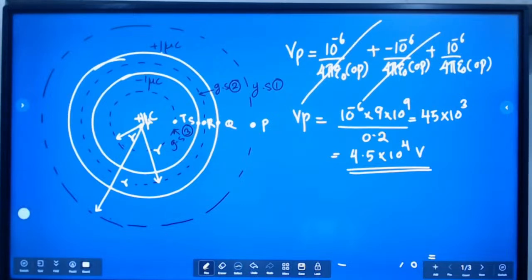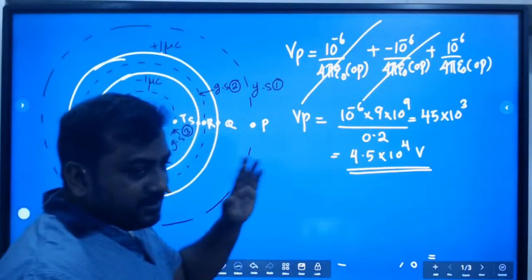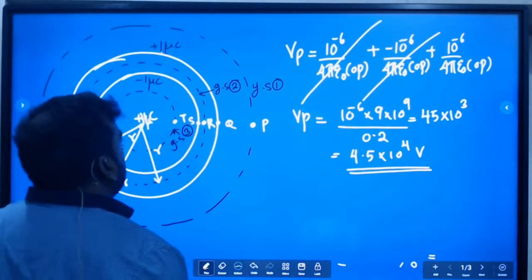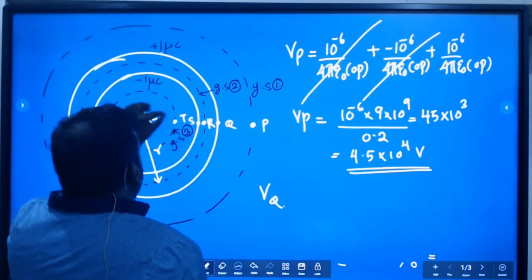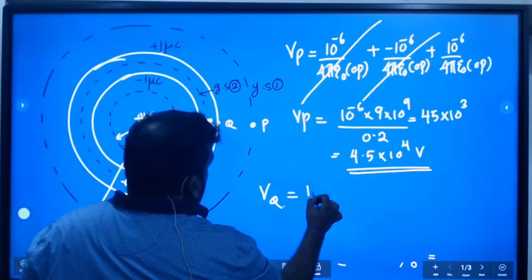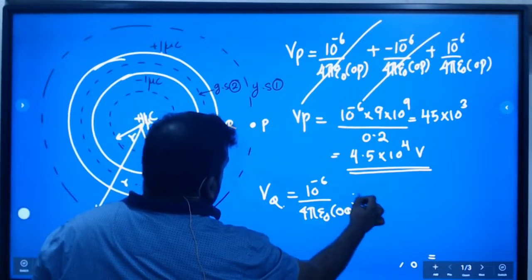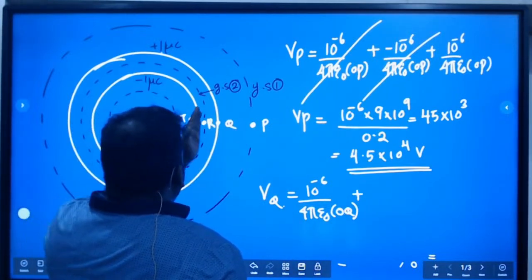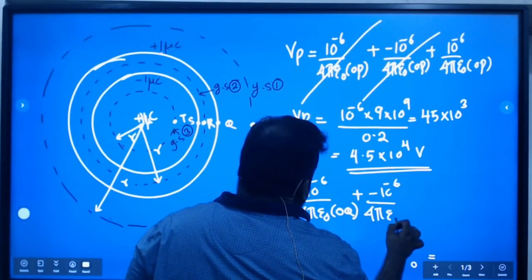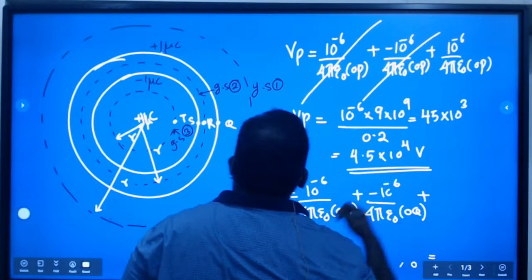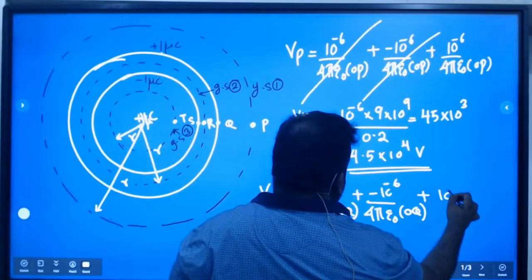Remember, if you have not studied these techniques, you should know them because they are fundamental. Potential at Q. Where is Q? Outside. Take it like a point charge: 4 pi epsilon naught, distance OQ. 1 microcoulomb on the surface, keep at the center.